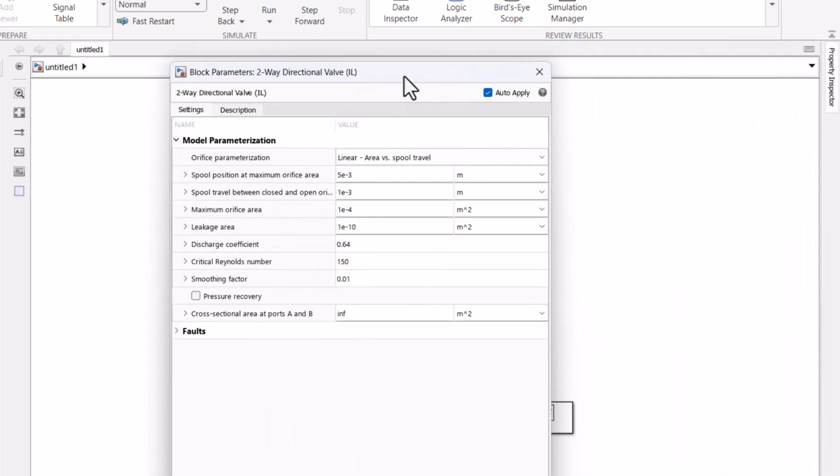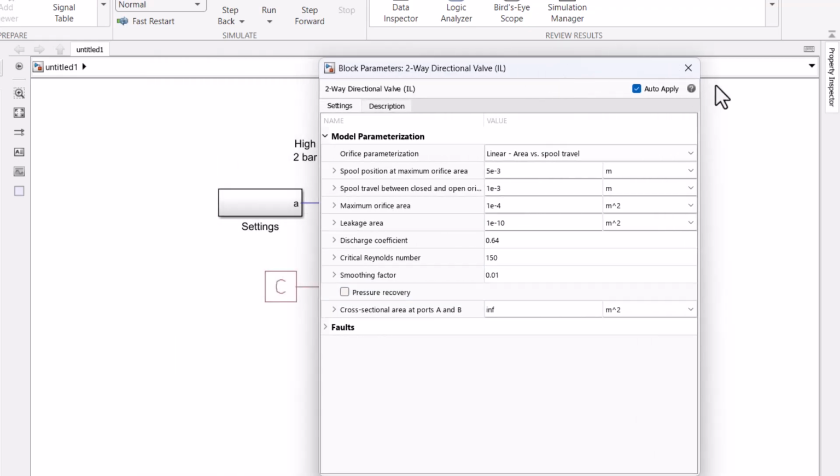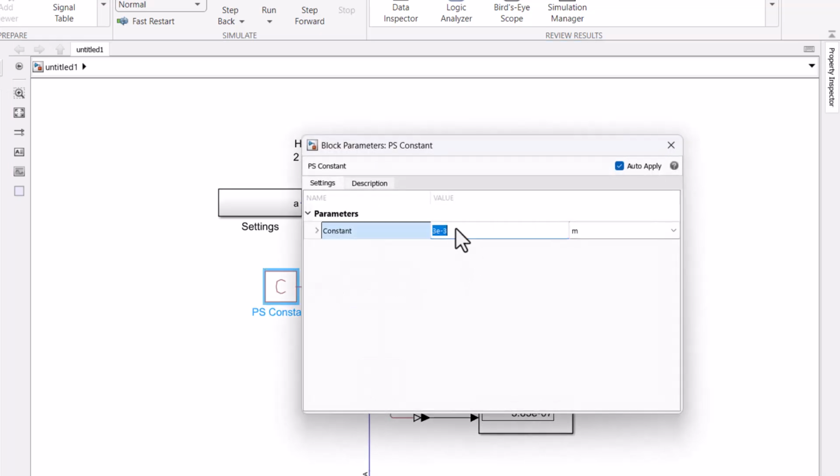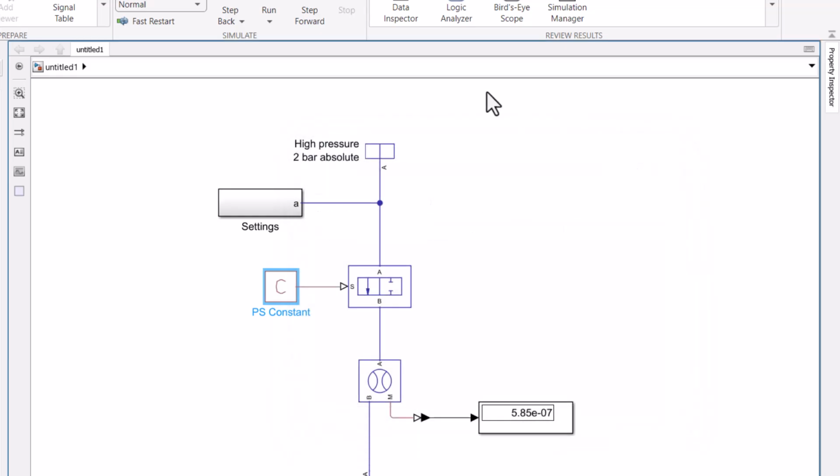And now I want to talk a little about the flow rate calculations. So let me change it back to 5e-3. And as I said, at this value, the valve is 100% open. And here is the mass flow rate of the system.